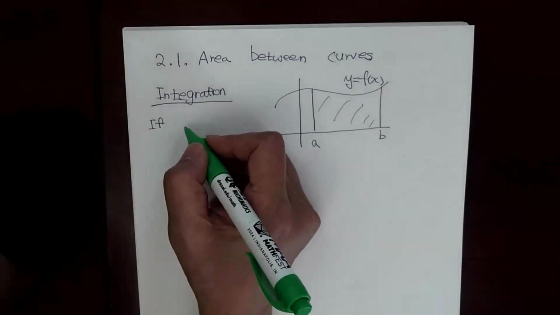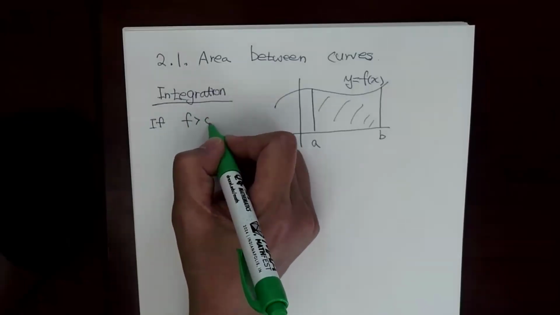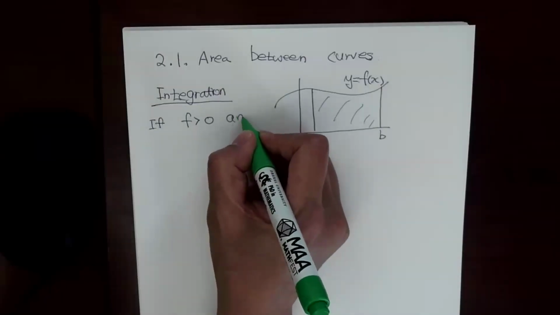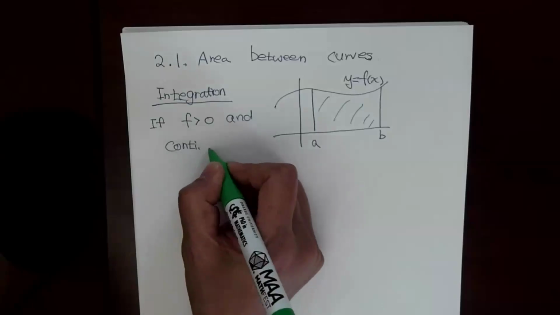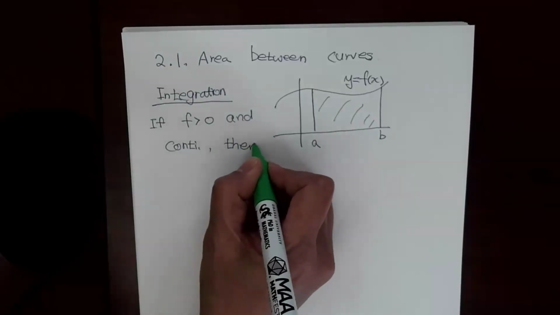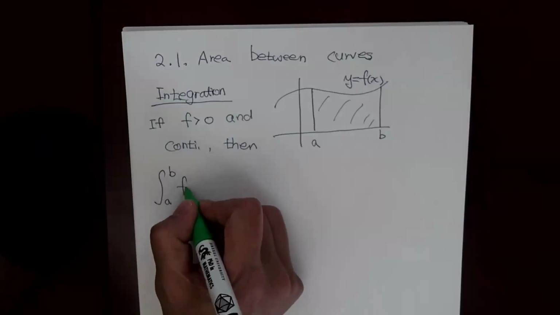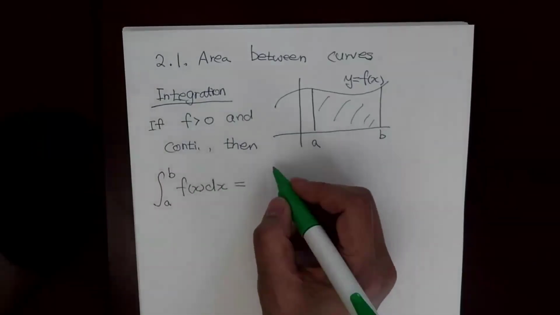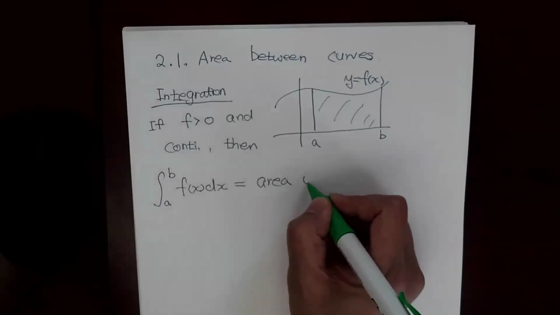After you learned integration, you learned that if f is greater than 0 and continuous, then the integral from a to b of f of x dx is the area under the curve.